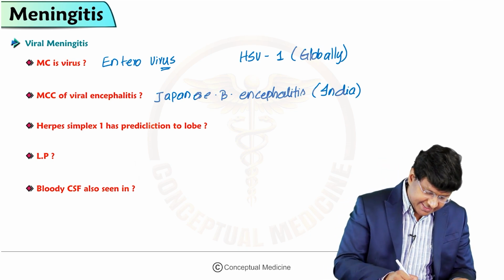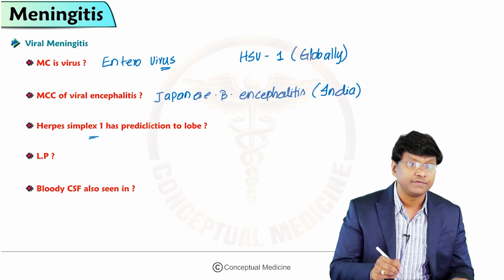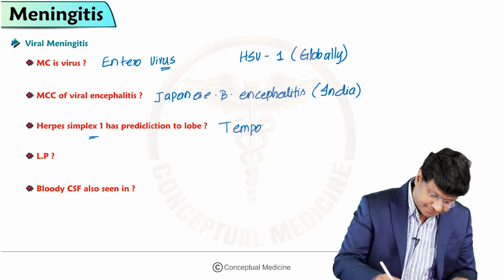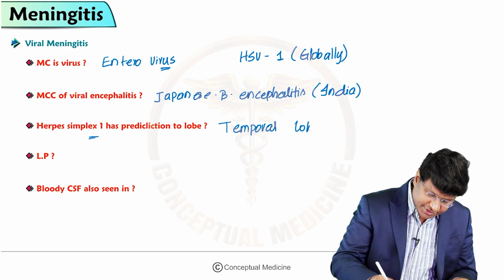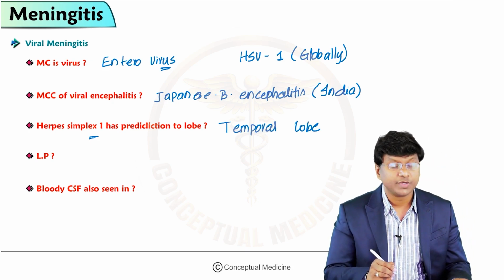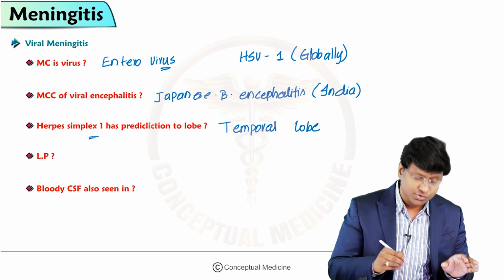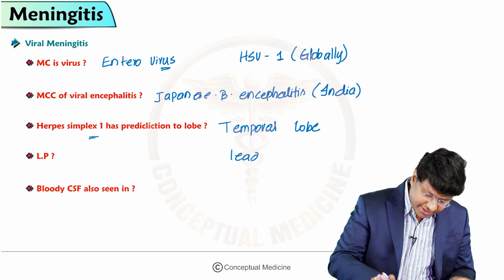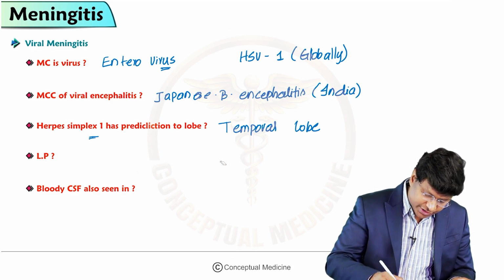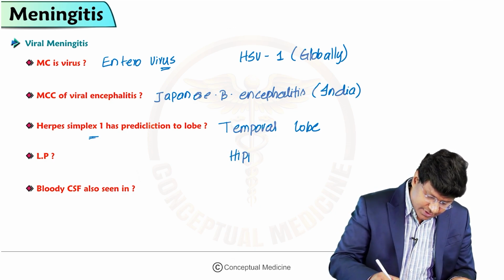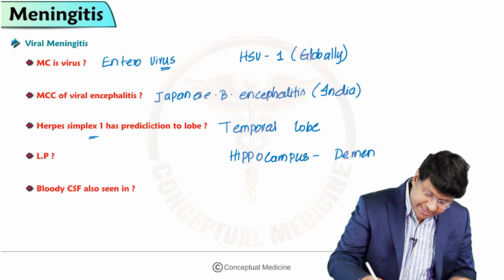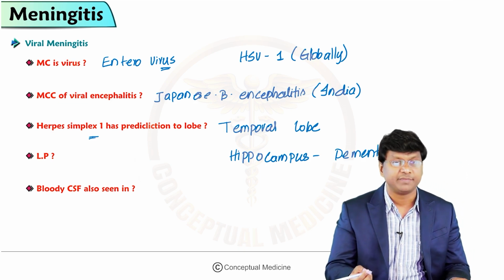HSV1 has a predilection for the temporal lobe, and it can also cause damage or destruction of the hippocampus. Because of this hippocampal involvement, these individuals may develop dementia, because the hippocampus is the seat of memory.